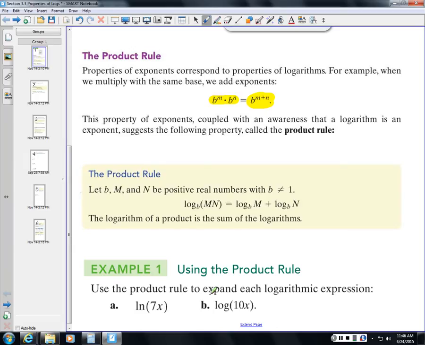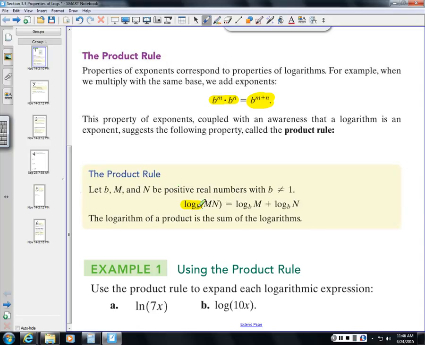Now, if you look at the product rule for logs, since exponents and logs, well, not exponents, there's a difference between just an exponent and an exponential function, but we've been dealing with converting from log form to exponential form. So if we think about that, and we look at these properties of exponents, it's very similar for the product rule of logs.